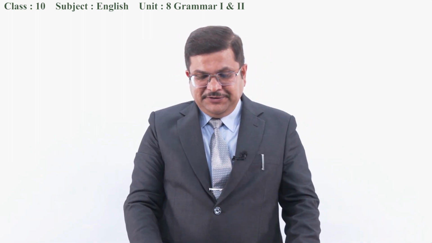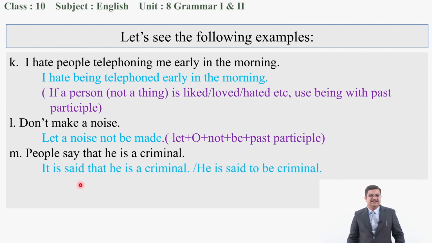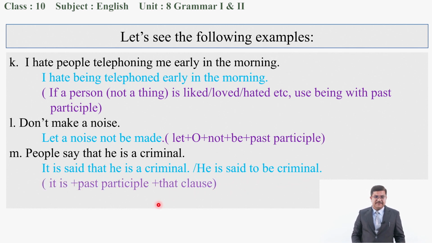Okay, now people say that he is a criminal. You know it, it is said that he is a criminal. He is said to be a criminal can also be said. I have already discussed the rules of this sentence. It is with past participle with that clause.